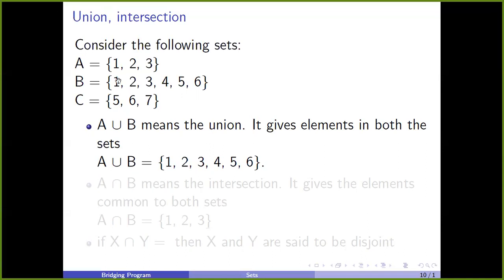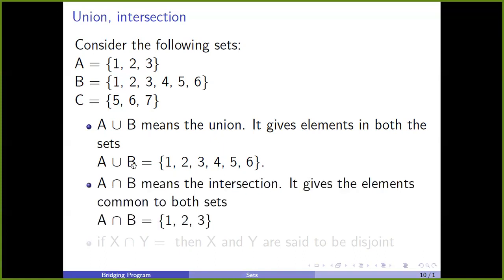So if you look at set A, I have 1 2 3, and in B 1 2 3 4 5 6. So I put everything together, and remember, you can't have duplicates, right? So it's basically 1 2 3 4 5 6, and A is not adding anything because all the three elements that are in A are also in B, right? So the union is basically you unite, you put together all the elements in the two sets, right?